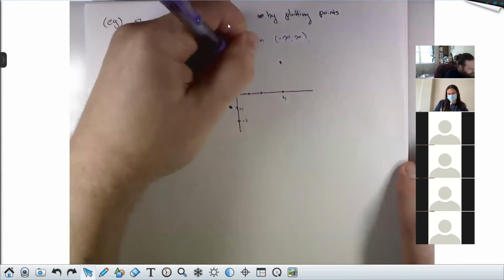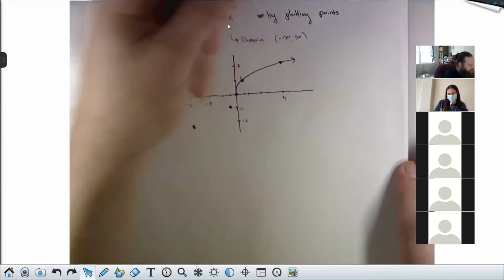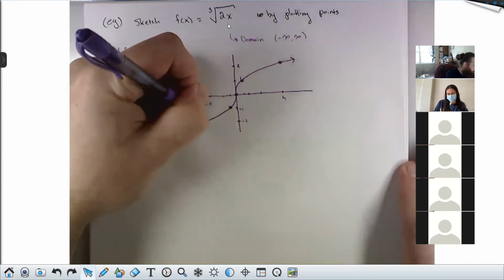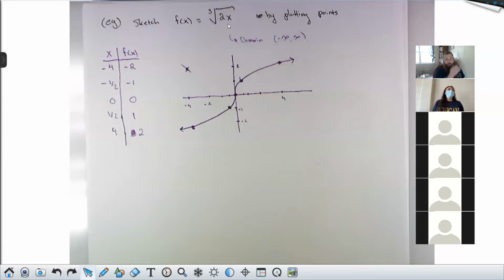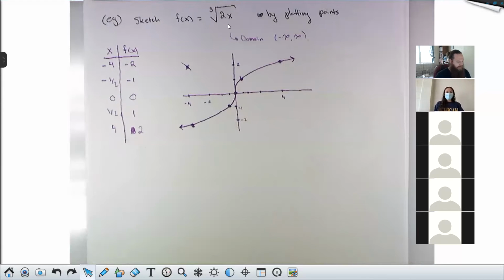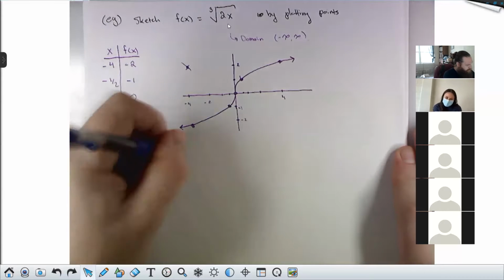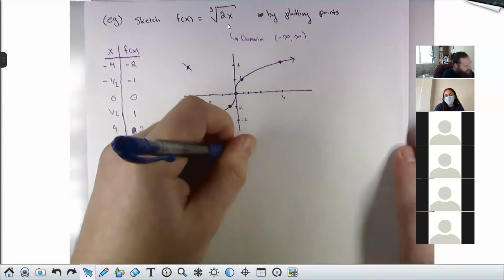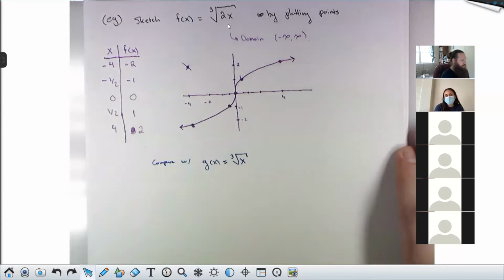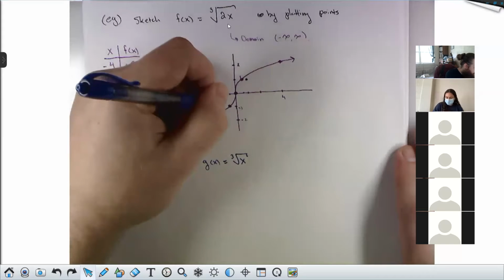So this curve has a very neat shape. And all odd root functions kind of have this shape to them. And if we want to compare this, the natural parent function here is just the cube root of x, which goes through 0, 0, 1, 1, negative 1, negative 1.